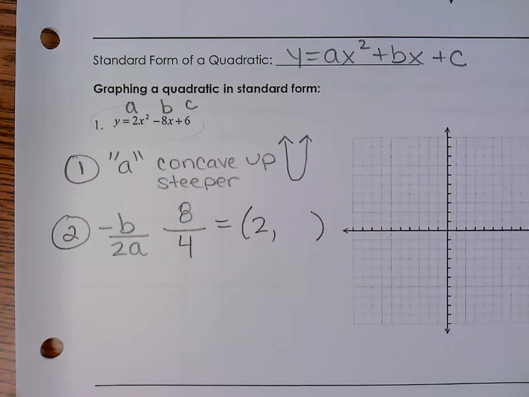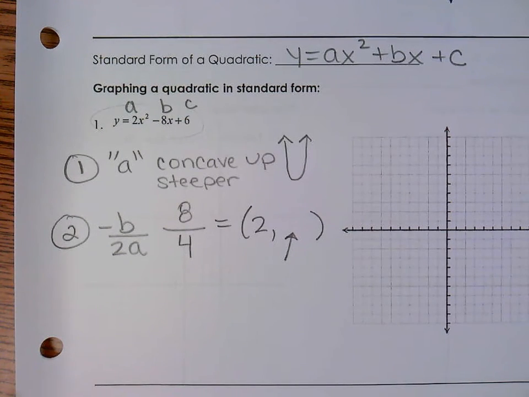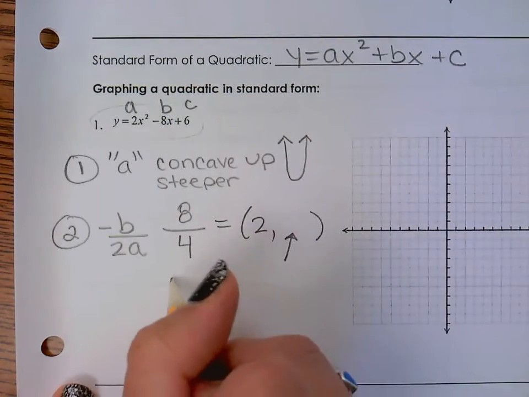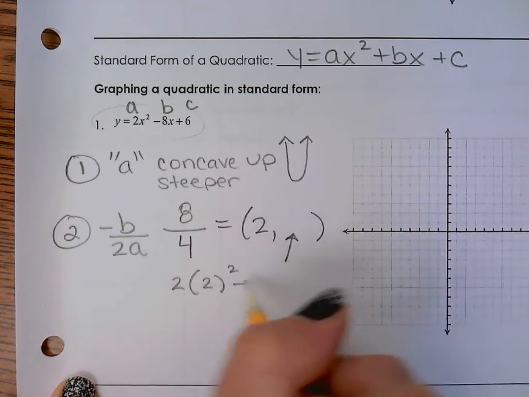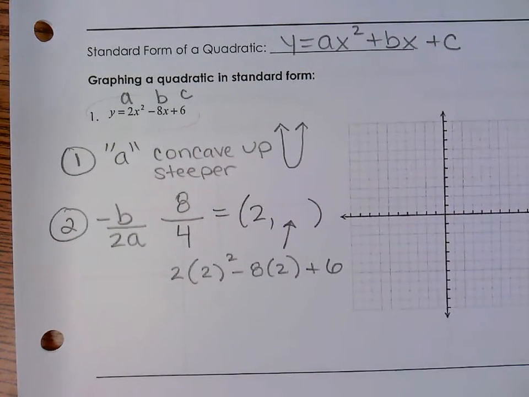How do you find the y value of your vertex? If you have an x, what can you do? How do I find the y value from an equation? Use the x to do what? In the equation, right? So I'm going to do 2 times 2 squared minus 8 times 2 plus 6. So you try using order of operations and see if you can come up with the right y value.